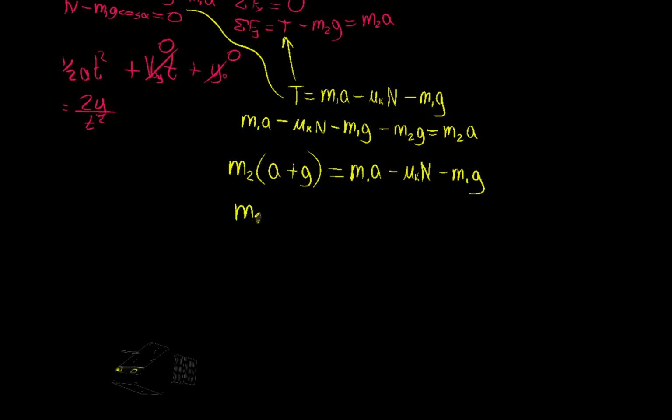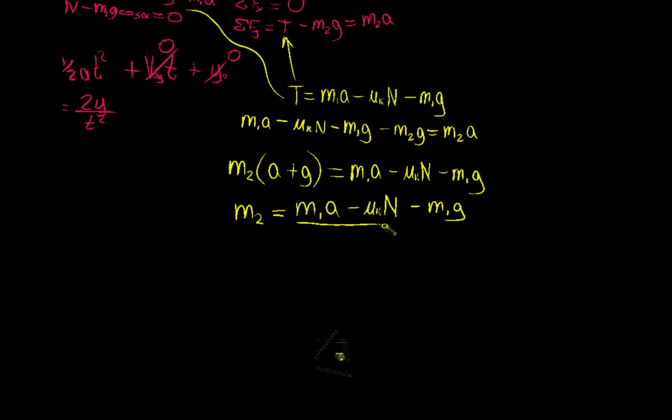So m2 is equal to m1a minus mu sub k n minus m1g all over a plus g. Boy, it just feels like I did something wrong.